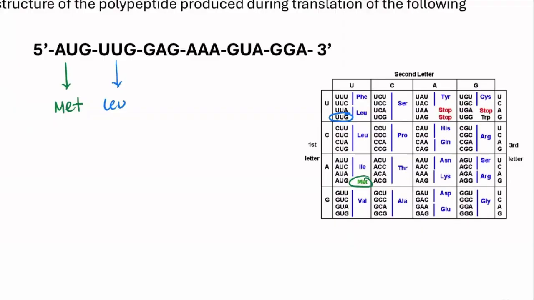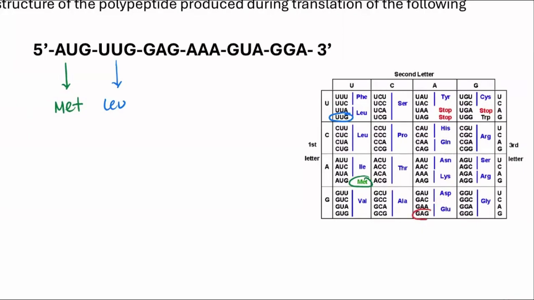Let's look at what amino acid comes from the codon GAG. First letter G, next letter A, and then we look for GAG.